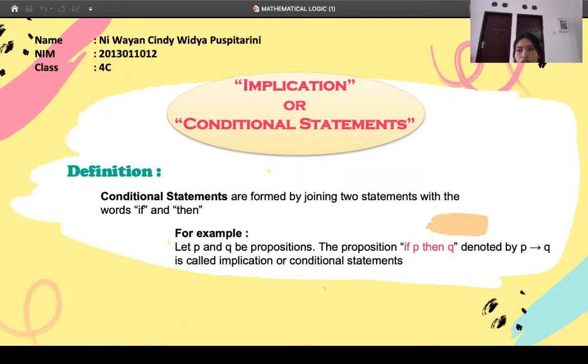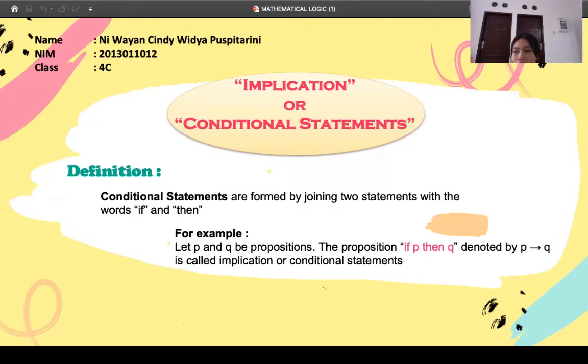Now let's consider the definition of conditional statement or implication. Conditional statements are formed by joining two statements with the words if and then. For example, let P and Q be propositions. The proposition if P then Q, denoted by P implies Q, is called implication or conditional statement.